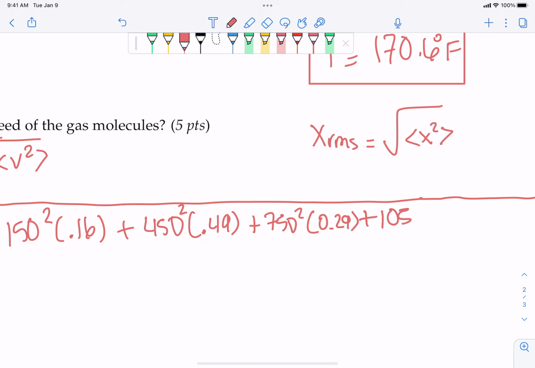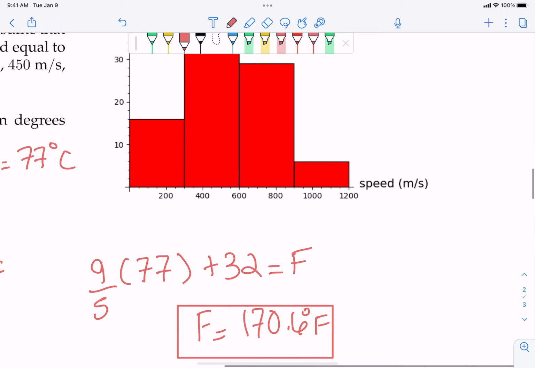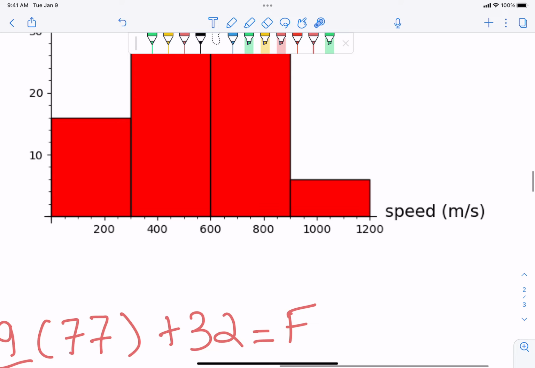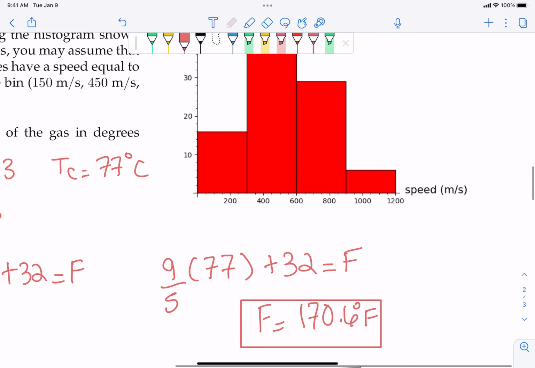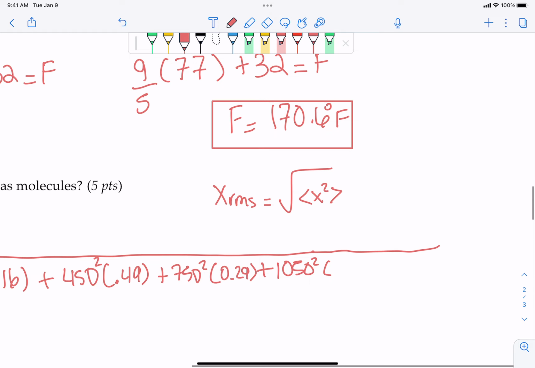Then the last one, 1050 squared. Looking over here, 0, 2, 4, 6, this is about 6%, which is 0.06.